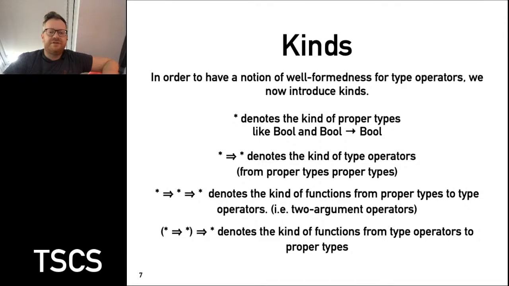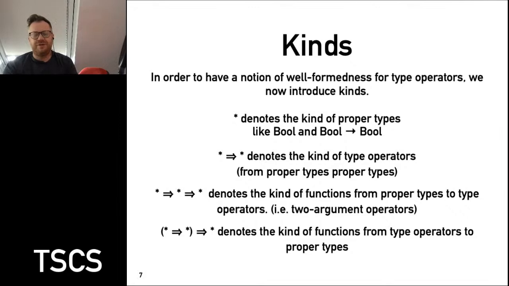Now we have this star, arrow, star kind, which is the kind of type operators. These type operators take proper types like bool and result in another proper type like the function type bool to bool. So this is the way to denote the kind of type operators: star, arrow, star.